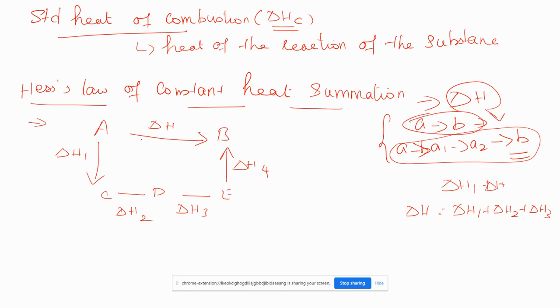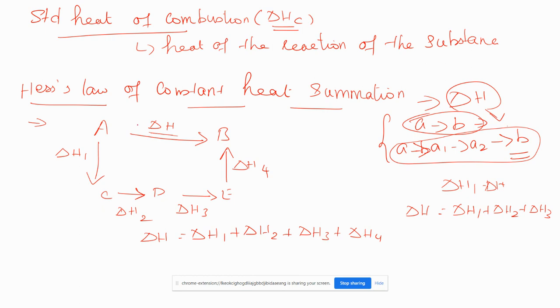The same B can be produced in multiple steps: A gives C, C gives D, D gives E, and E gives B. Whether it is a single step or multiple steps, the enthalpy change is going to be the same. That is, del H will be equal to del H1 plus del H2 plus del H3 plus del H4.